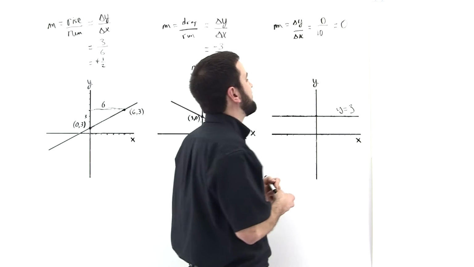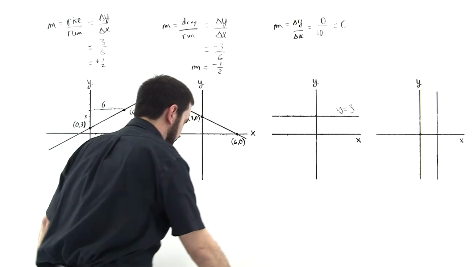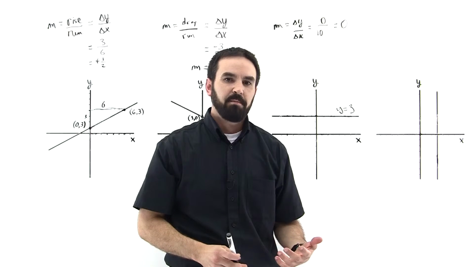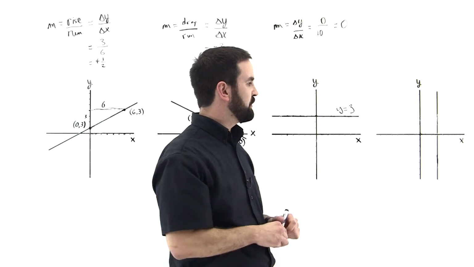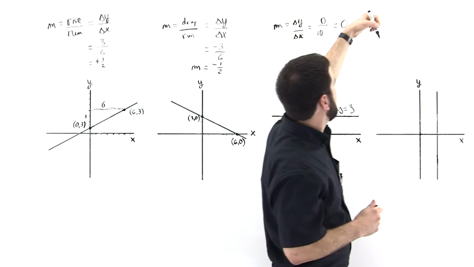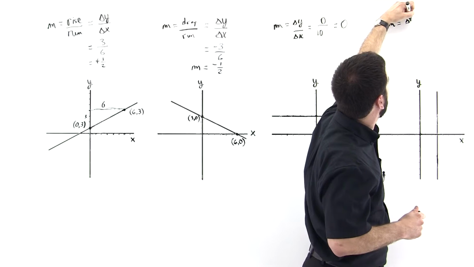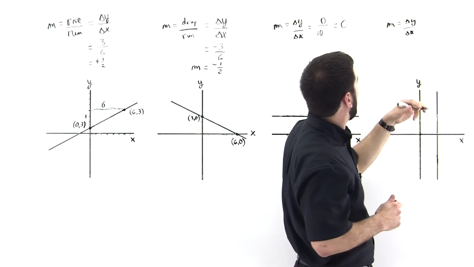Okay. The next type of slope is one where it's essentially undefined, right? Because look how this line just is straight up and down, it's vertical. And so if we say the slope m is equal to delta y over delta x, right?